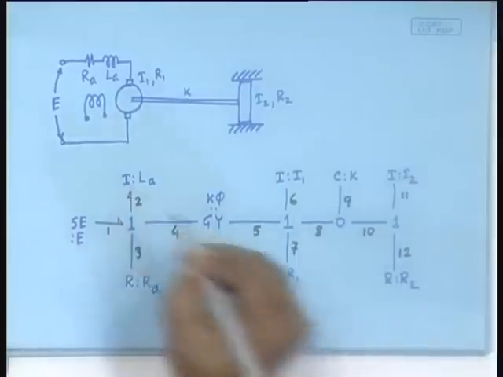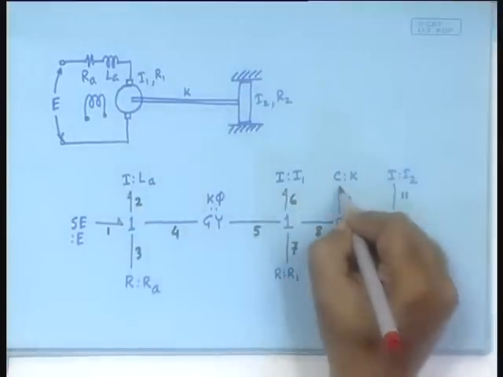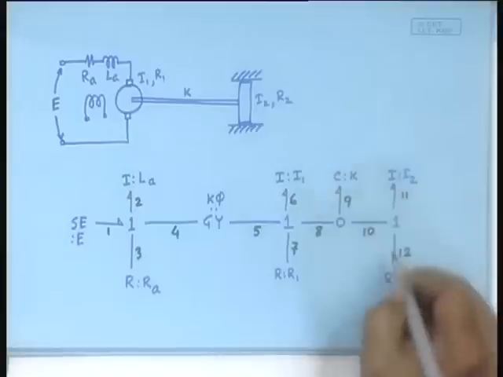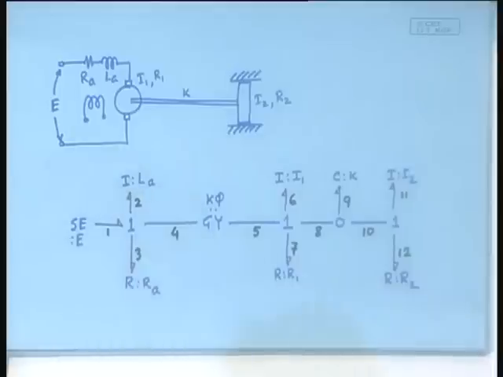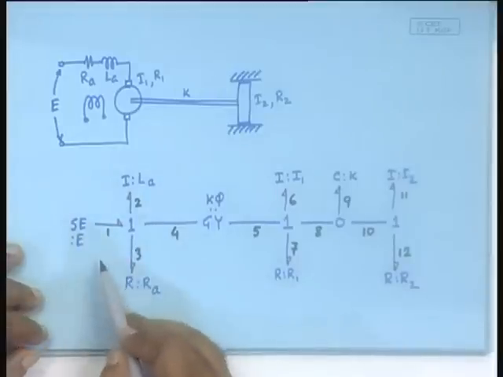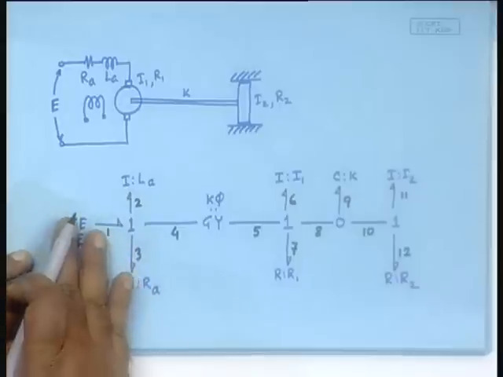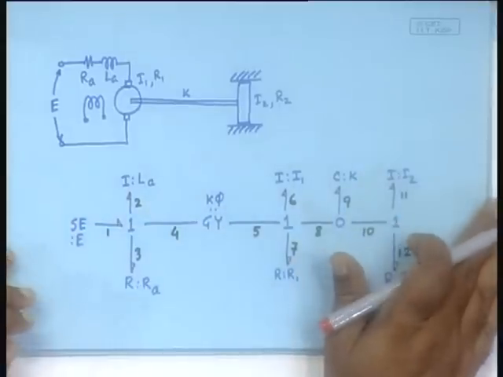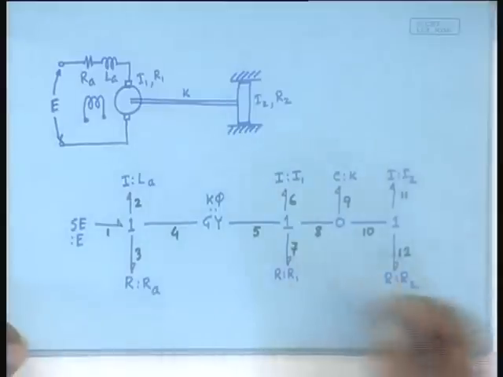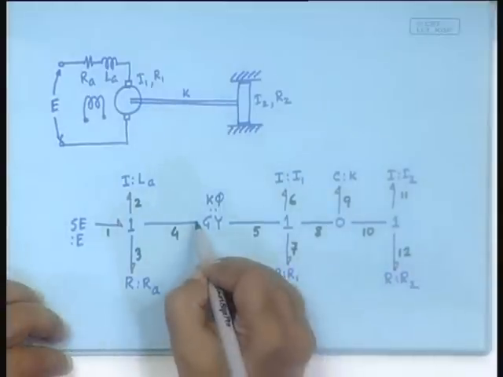These are very standard, so let us not spend time on explaining these. Since there is only one source, it is logical to have the positive power flow assumed to be in this direction, though as I told you, you can as well put them in the opposite direction, but let us do it this way.